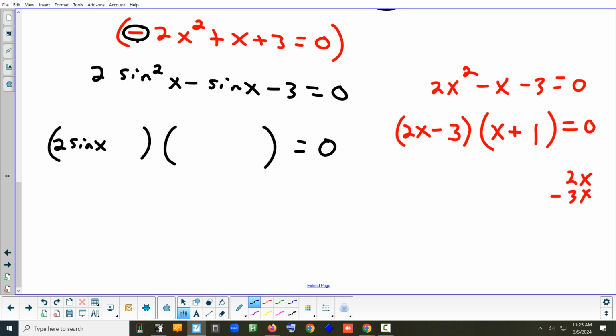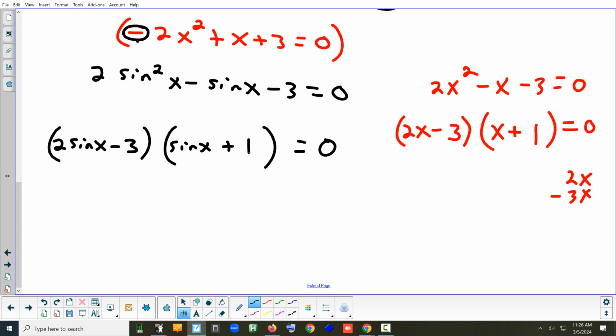Anything else? Yeah, the whole parenthesis. There's still more that needs to go inside that first one. Minus 3. And the second parenthesis? Sin x. Yep. And plus 1. That's how you factor what's in black.